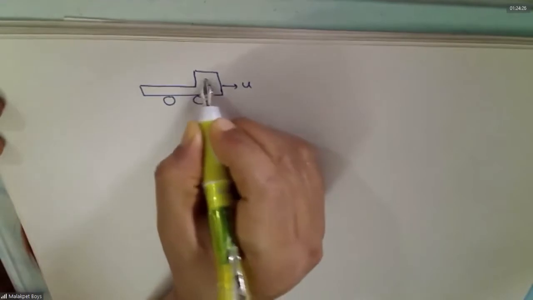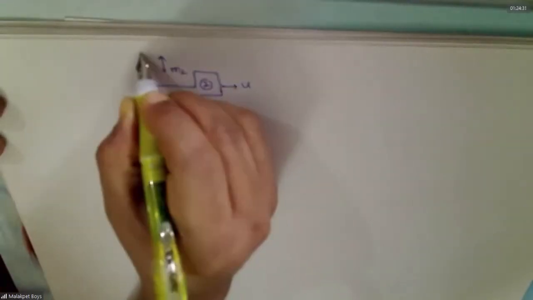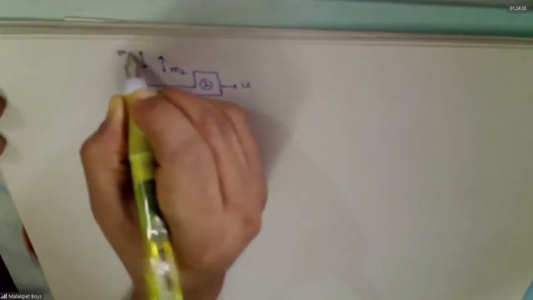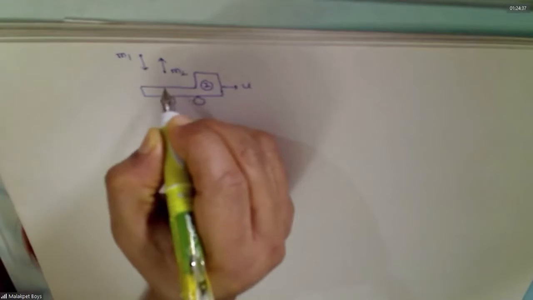This is truck 2, no? Now from this, M2 is going away and M1 is coming, no? Yes, sir. This M2 has a velocity in this direction before throwing.